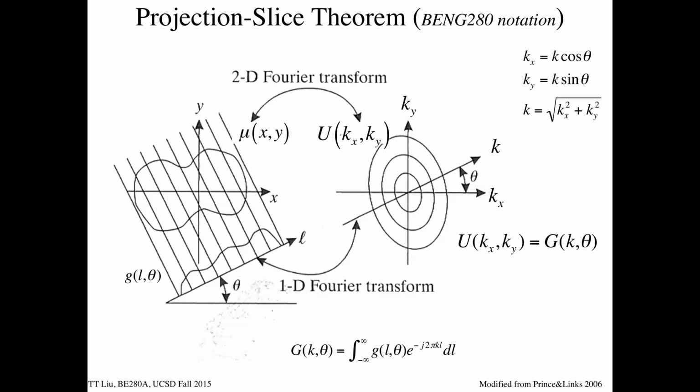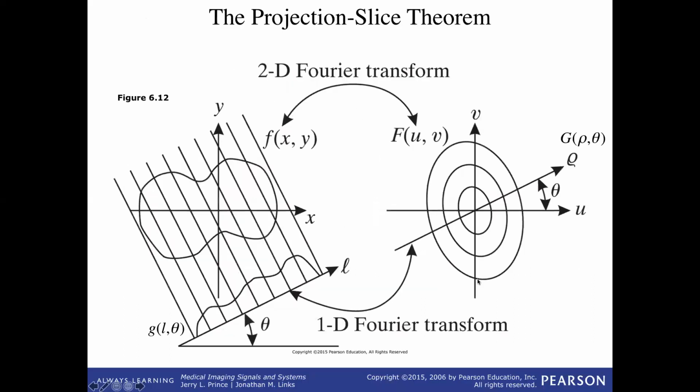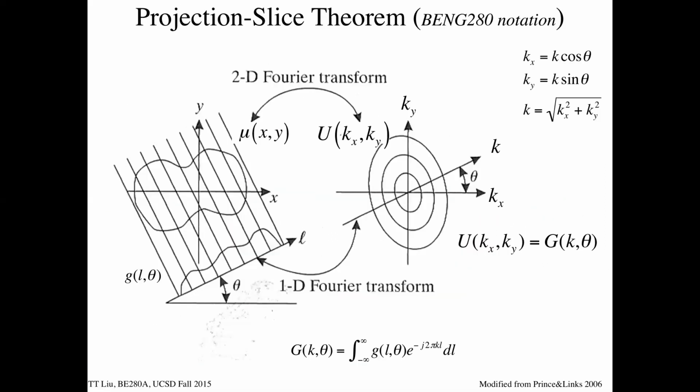We can go into polar coordinates using k as our radial unit and theta, and transform our Fourier space into this form. And there we go.